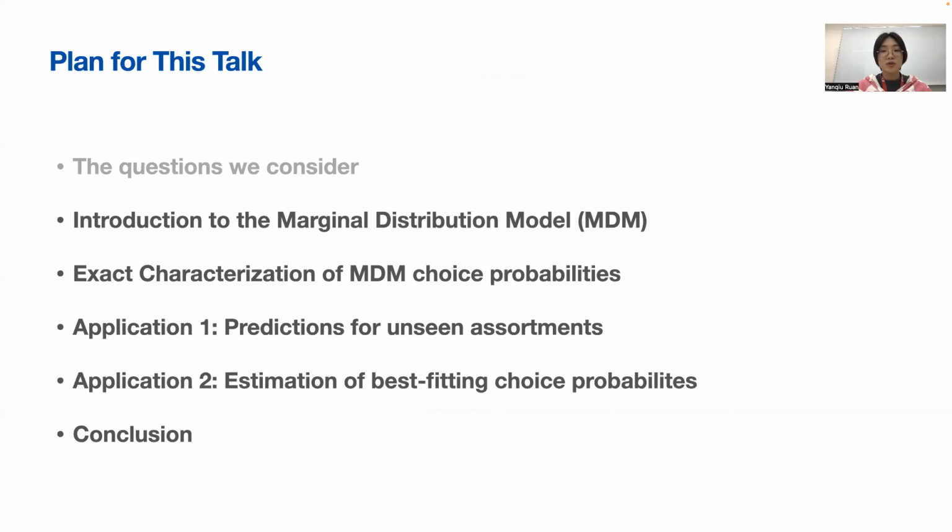Next, I will first introduce the marginal distribution model, MDM, followed by the exact characterization of MDM choice probabilities, that is the sufficient and necessary condition for the choice data to be representable by MDM. We then introduce the applications of using the exact characterization to do predictions for unseen assortments and estimate the best fitting choice probability to the choice data. And last, we will wrap up with conclusions.